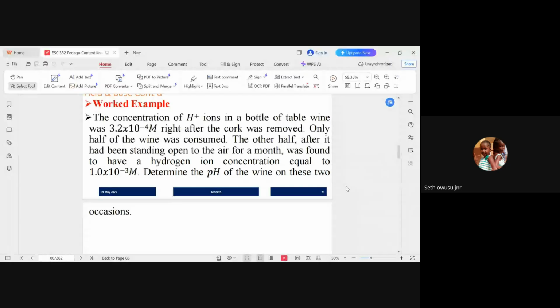So putting this into the equation, pH is equal to the negative log of 3.2 times 10 to the power negative 4, which will give you 3.49 or thereabout. I shortened it to 3.49.